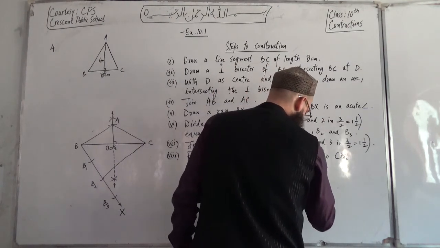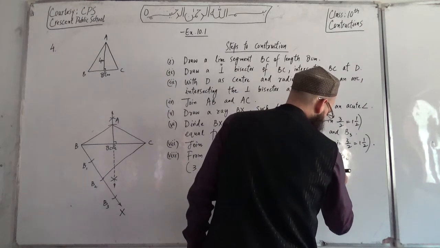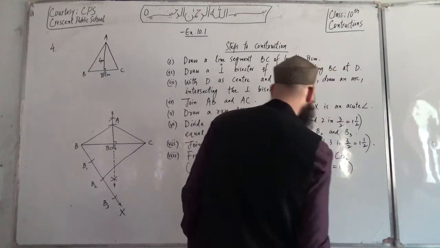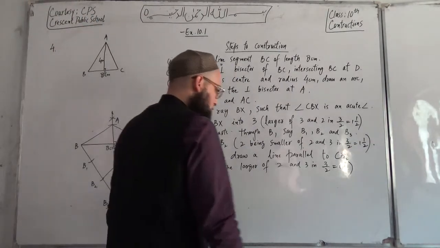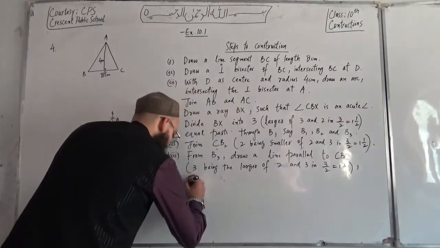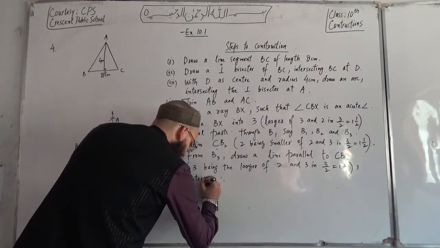Two and 3, so 3 by 2 is equal to 1 by 2. So from B3, draw a line parallel to CB2, intersecting.